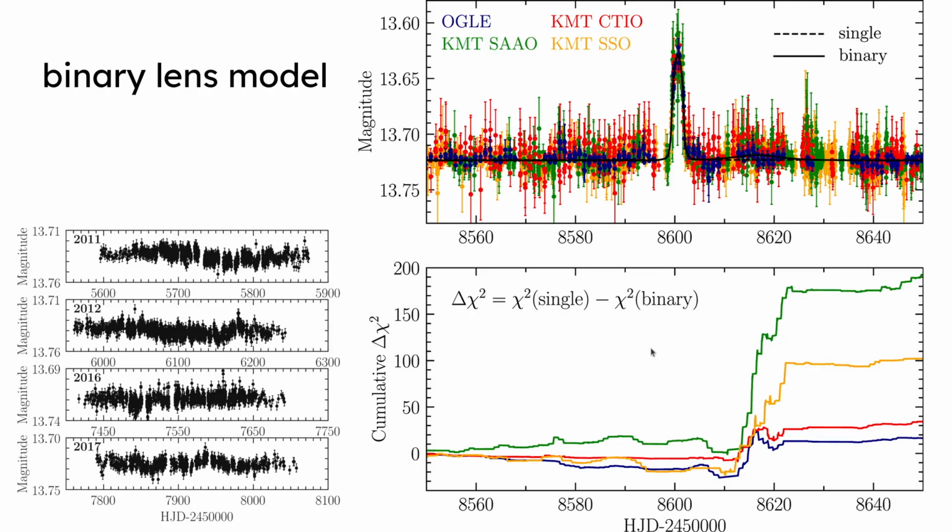they looked at another two things. First of all, as you can see here, there are different lines for different data sets, so they were fitting the data sets separately. You can see that at some point during the event, and especially some point after it, there is a dip.